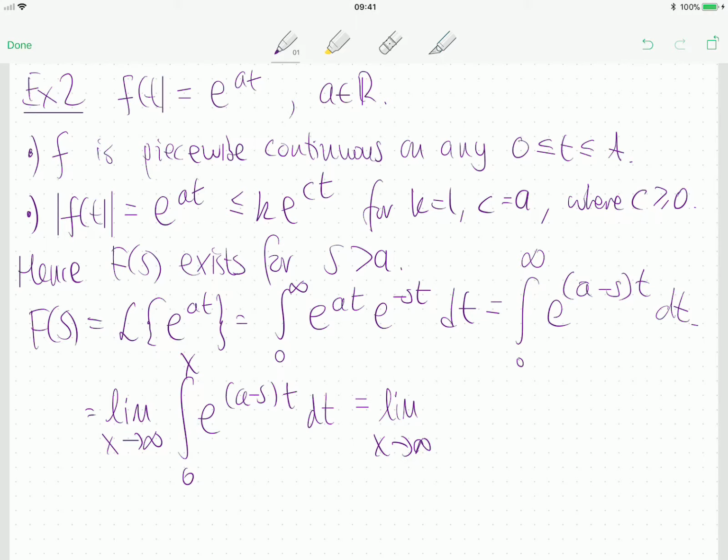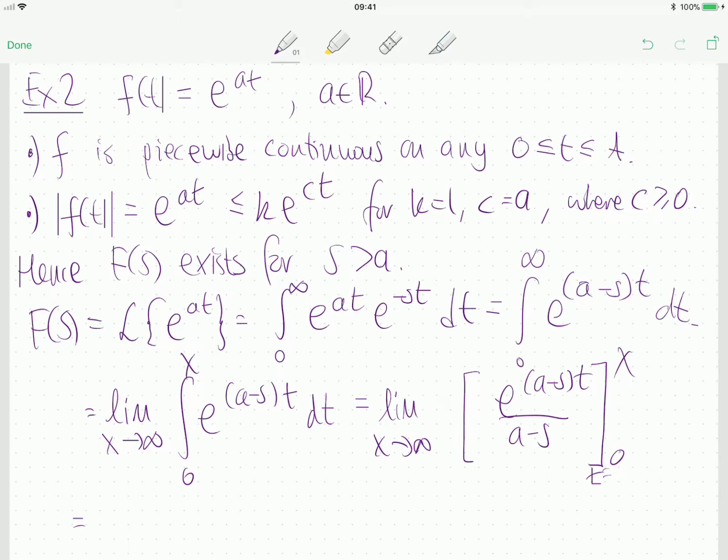So integrate e to some constant, which is a minus s, times t. Well, this is the same as e to the a minus s in a bracket times t over a minus s. And we're going to evaluate this between 0 and big X, remembering these are values of t.